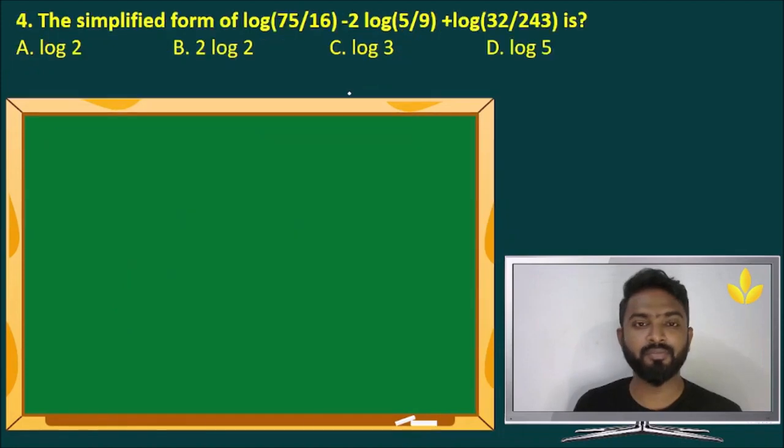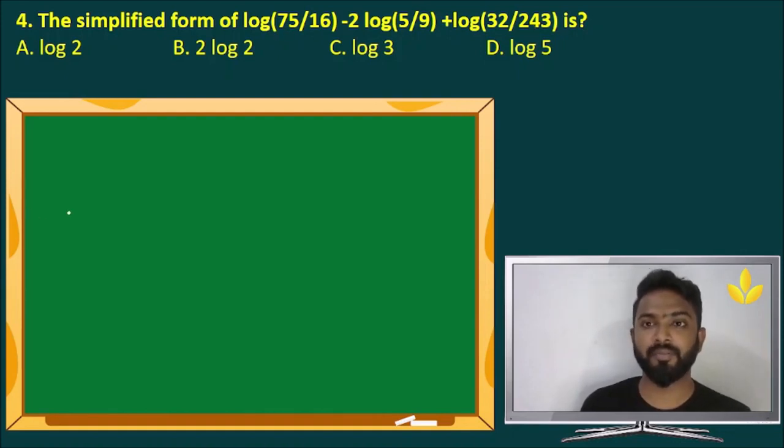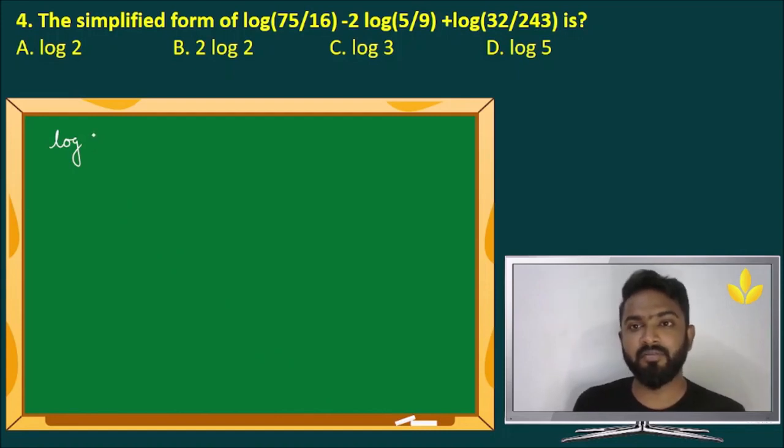Let's move on. Question number 4. The simplified form of this minus this plus this is what? Okay. So we have log of, when it comes to 75, what can 75 be written as? 75 can be written as 25 into 3.